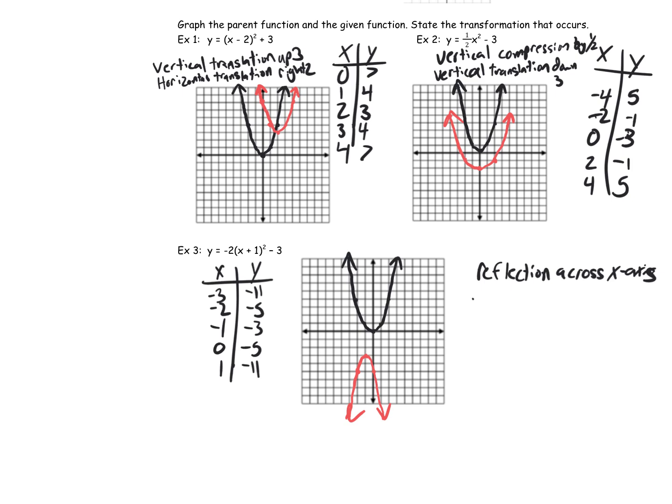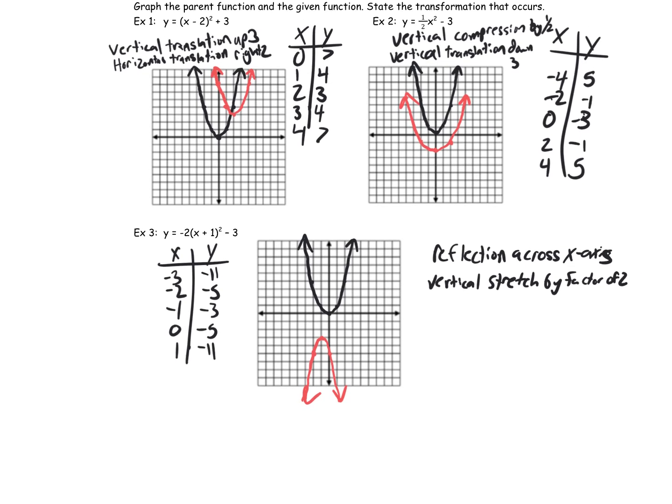We have a vertical stretch by a factor of 2. And we have a horizontal translation left 1. And we have a vertical translation, and we went down 3.